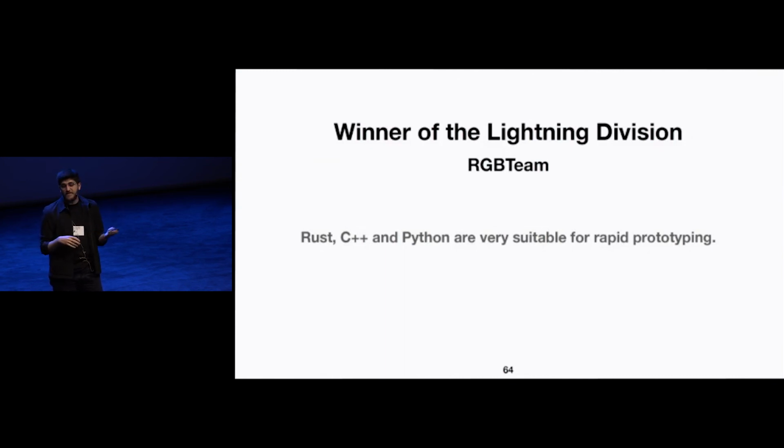You can see that they started with a simple solution and applied a lot of local optimizations on it. Instead of generating something from scratch that would be a bit heavyweight, that made them faster. So great job, guys. Rust, C++, and Python are very suitable for rapid prototyping.